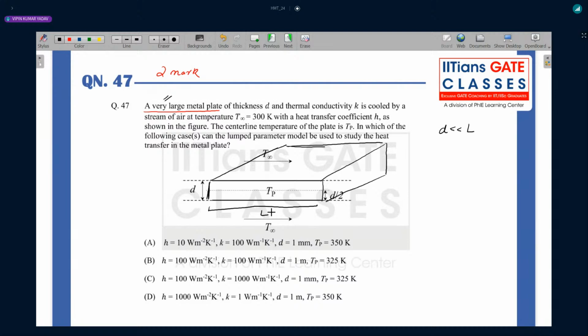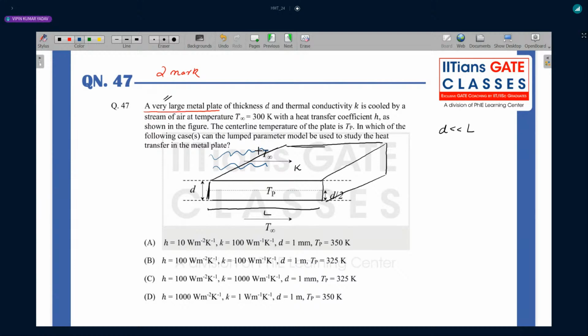This is my length. And the thermal conductivity of this plate is K, and it is cooled by a stream of air. Some air is flowing like this.